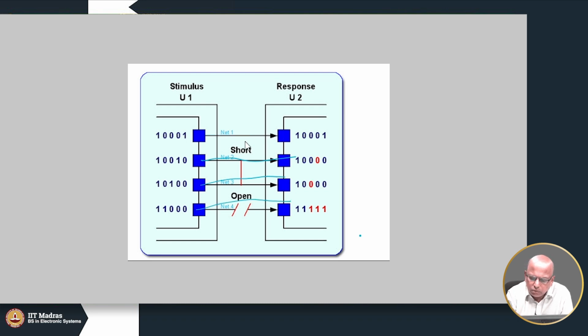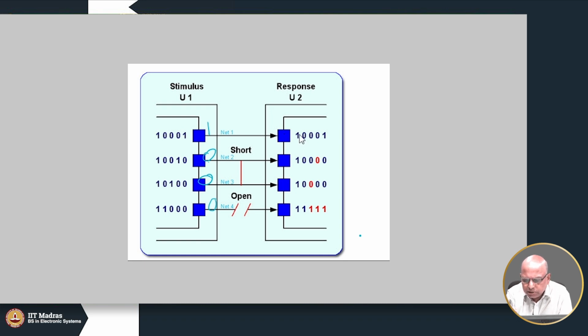During testing, what we are going to do is start loading patterns like this. Let us say we load, as he has shown, 1 0 0 0. And we capture it here.